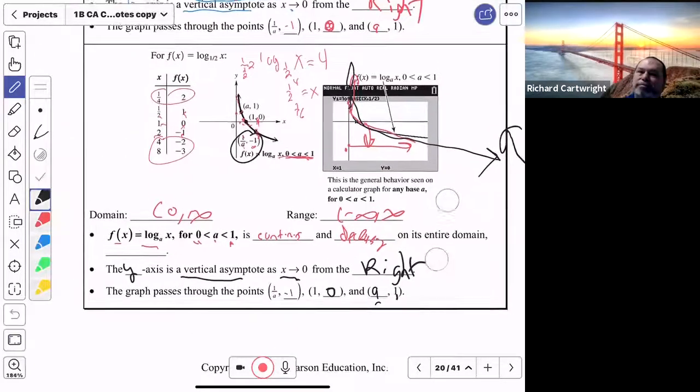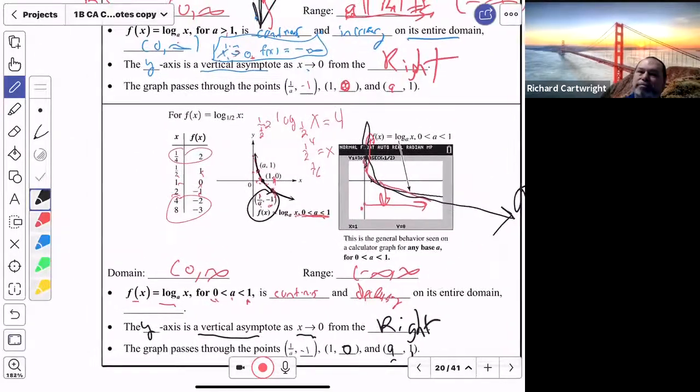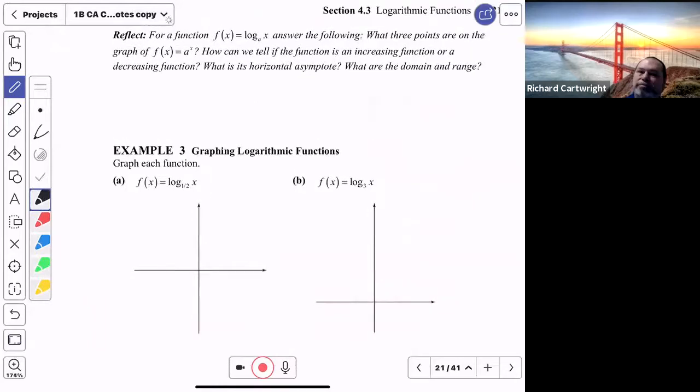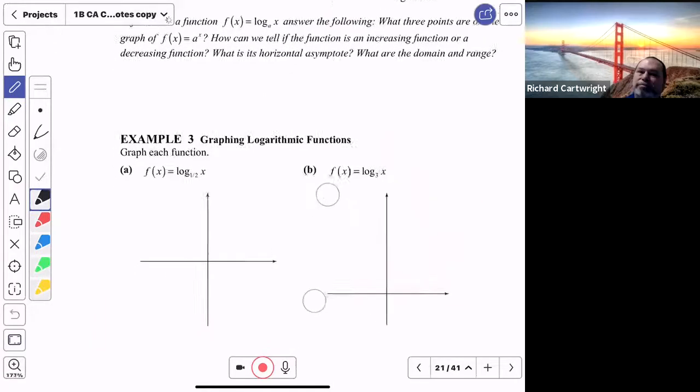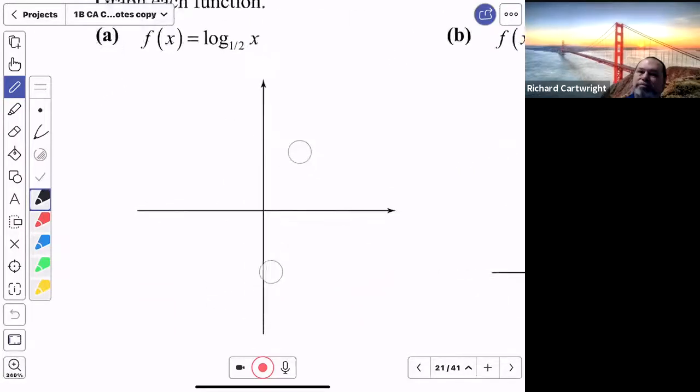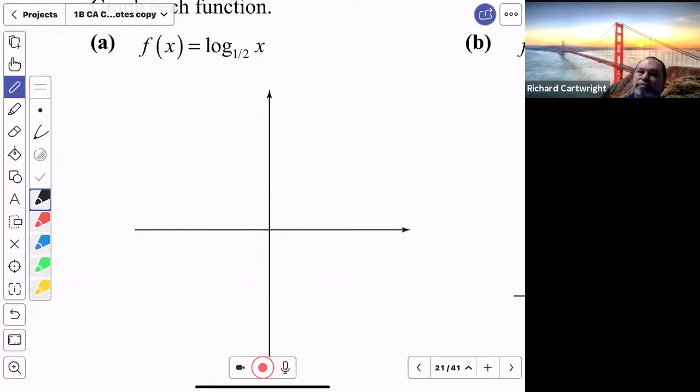So that's everything you need to know about graphing exponential. That'll get you through everything you're going to need. So here we go. Graphing them. You could cheat and just use your calculator. I understand people don't want to think too hard, but I'm going to try to do these without my calculator.